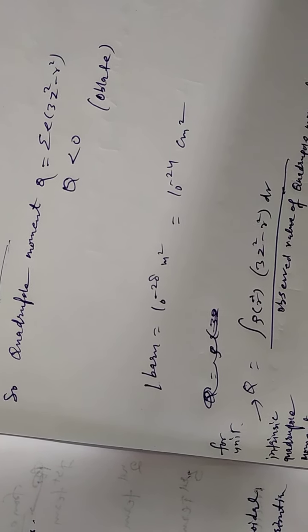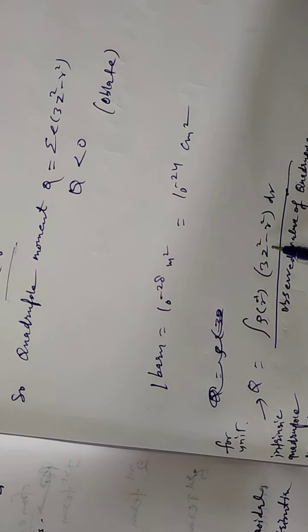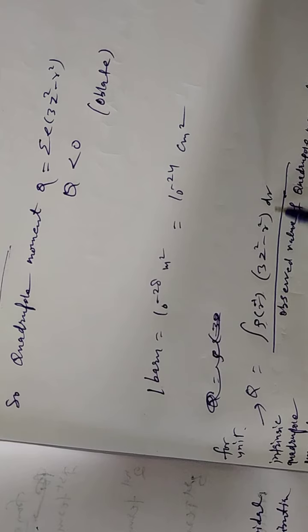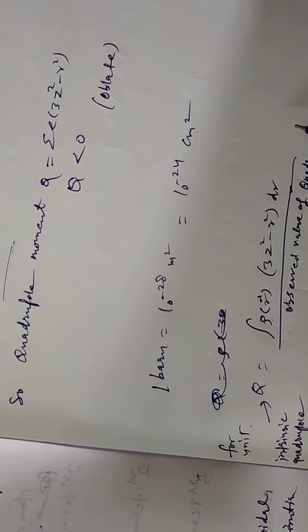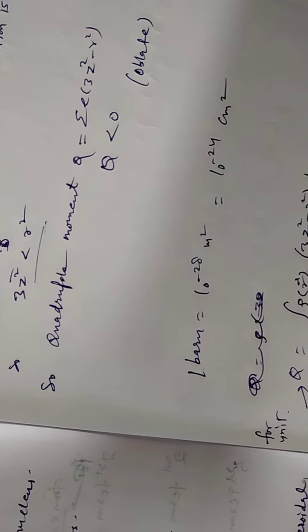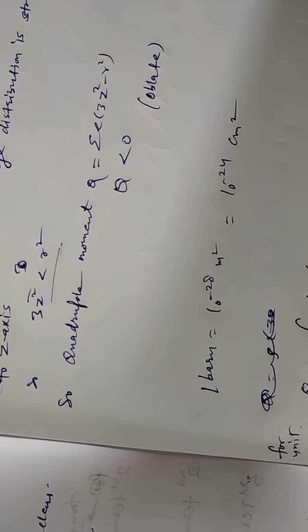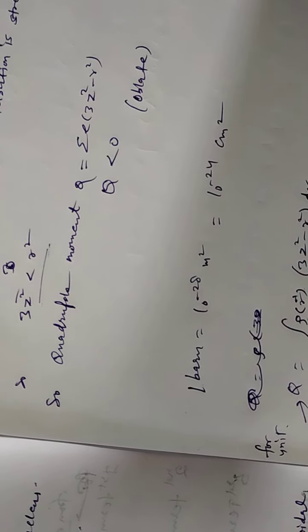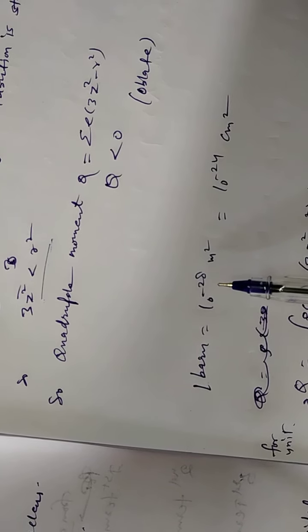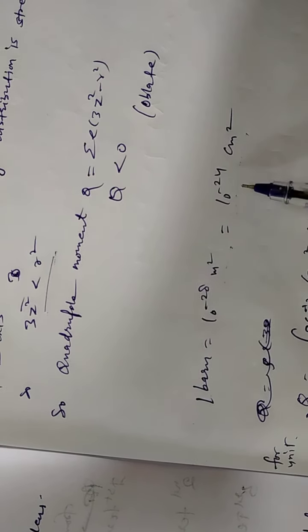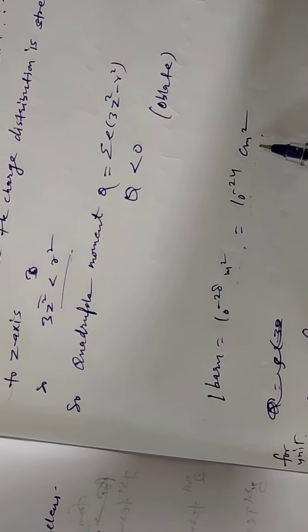This is a charge unit and this one is also a charge unit, so they cancel out and the unit remaining is the unit of area, meter square, which is very large for the quadrupole moment. So we take another unit for measuring the quadrupole moment, called the barn. One barn is 10 to the power minus 28 meter square. In centimeters, it is 10 to the power minus 24 centimeter square.